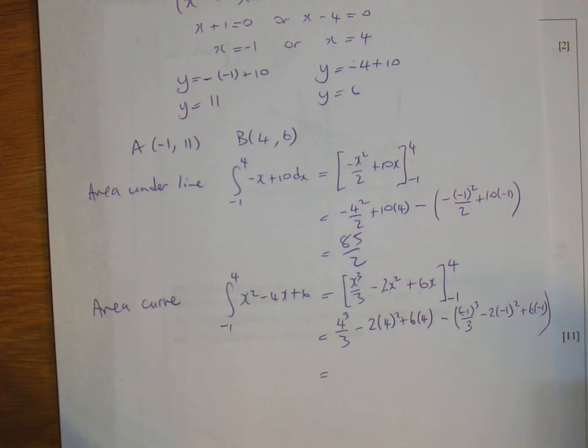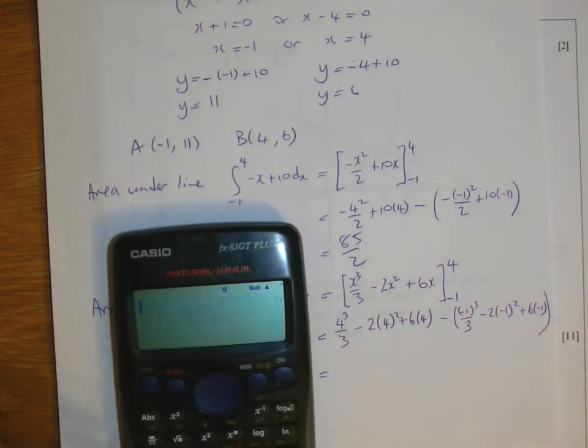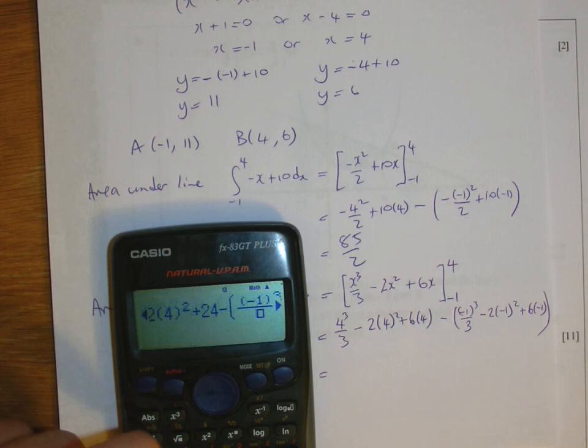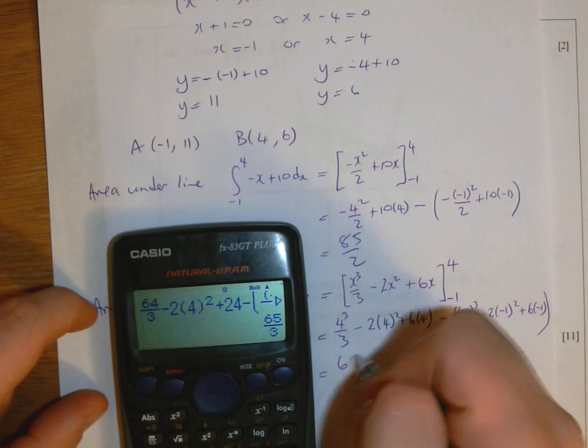I'll get my calculator. 4 cubed is 64, divided by 3, take away 2 times 4 squared, plus 6 times 4, which is 24, take away then, open bracket, and use another bracket for the minus 1, cubed, all over 3, take away 2 bracket minus 1 all squared, plus then 6 times minus 1, so that's minus 6. And then you get your answer to be 65 over 3.